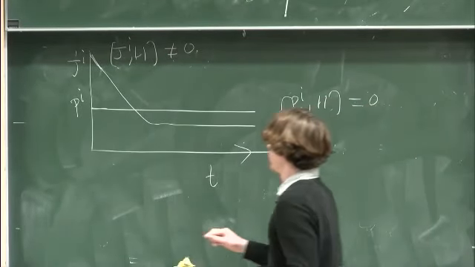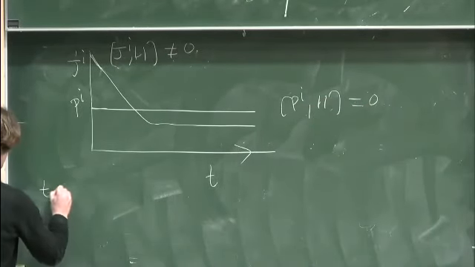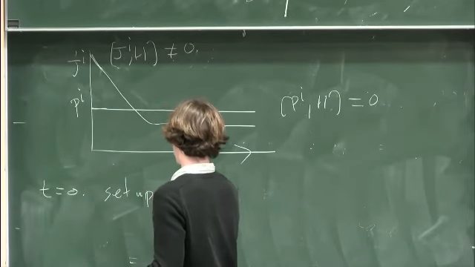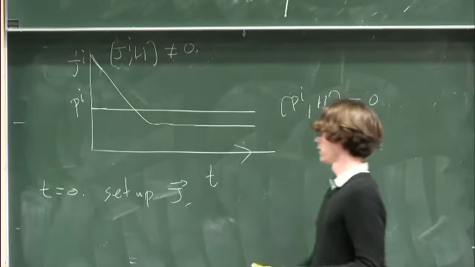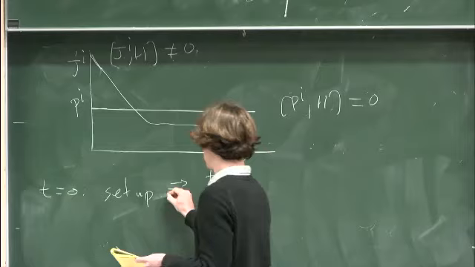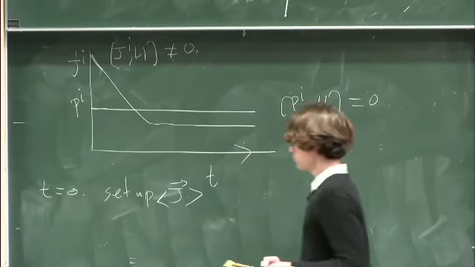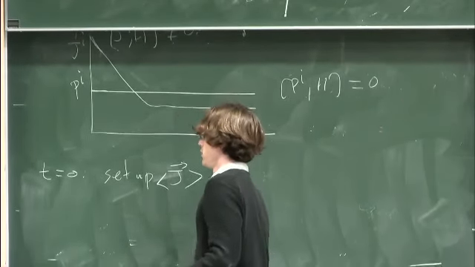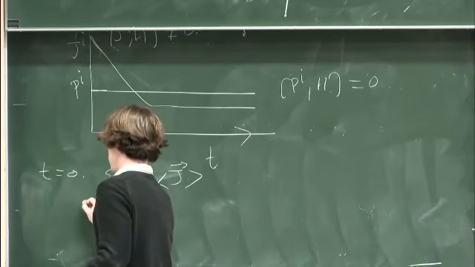To start with, at t equals 0, we set up the state with some current J, an expectation value. To be clear, it's useful to think of a matrix. How would we set up a current?